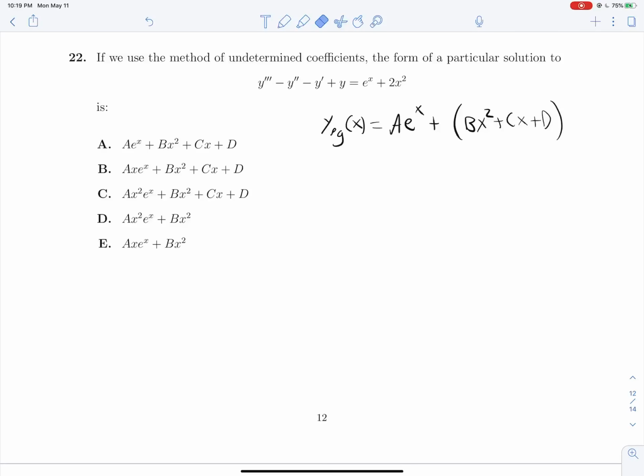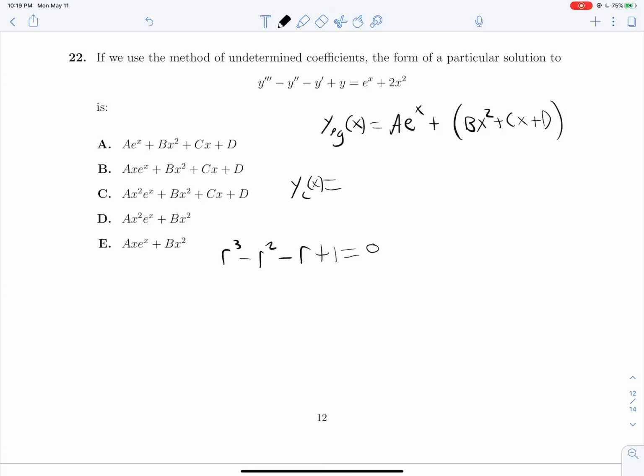Now let's grab our yc as a function of x, our characteristic solution. Well, our characteristic equation will be r cubed minus r squared minus r plus 1 is equal to 0. Ew, they usually don't make us factor things like this. Yuck.